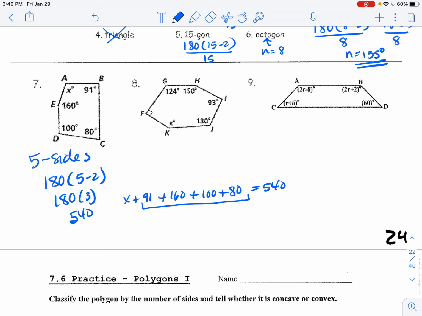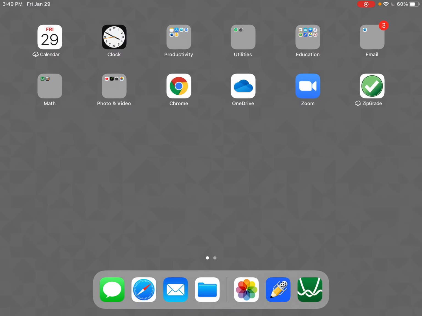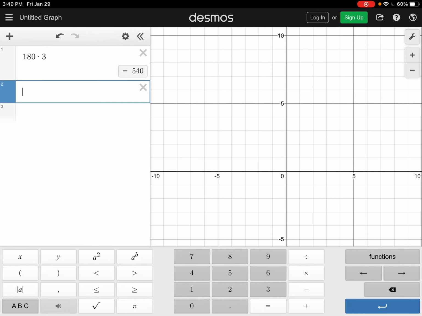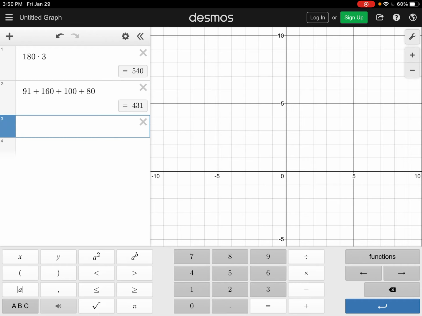Okay, let's take these guys to Desmos and see what the sum of those are. So 91 plus 160 plus, and the order doesn't matter, 100 plus 80. So that's 431. Now, I already calculated that the sum of the interior angles is 540.